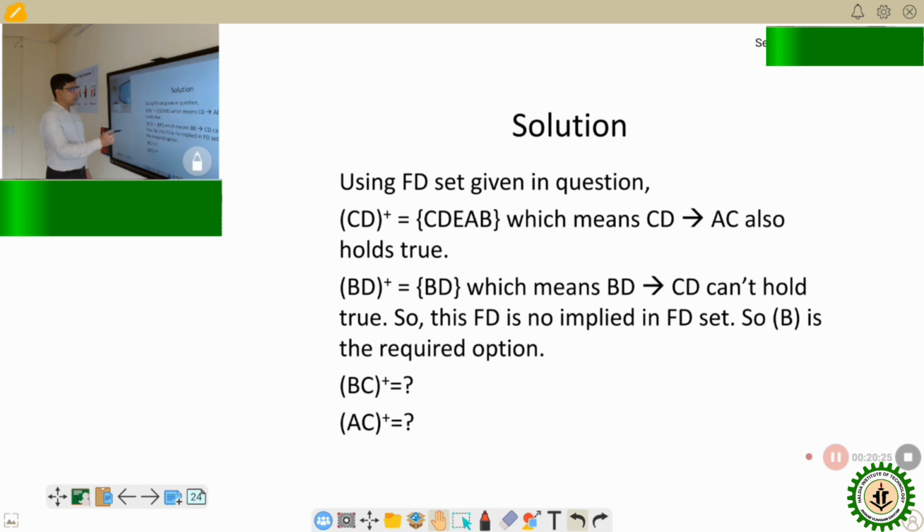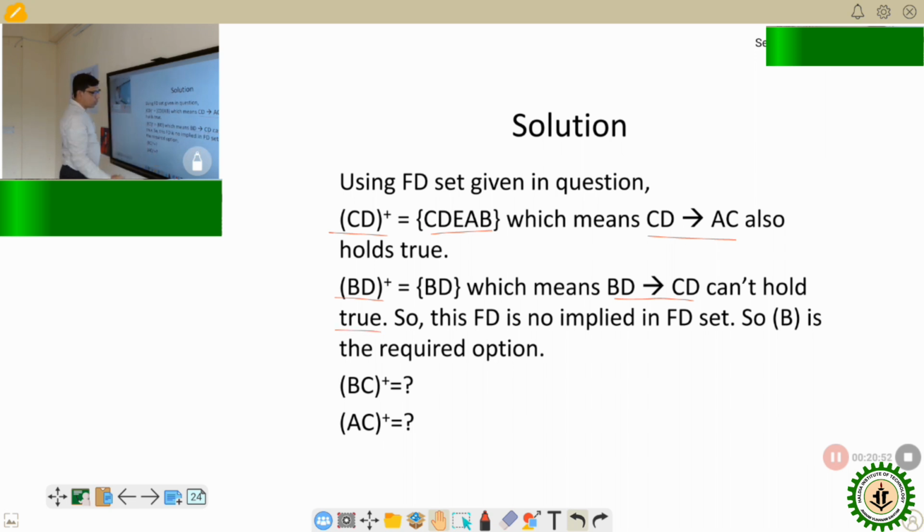At first we check the closure of CD. From the functional dependencies this holds true, which means CD arrow AC holds, so you can find the closure of CD equals this one. Again, BD plus is BD, which means BD arrow CD cannot hold.